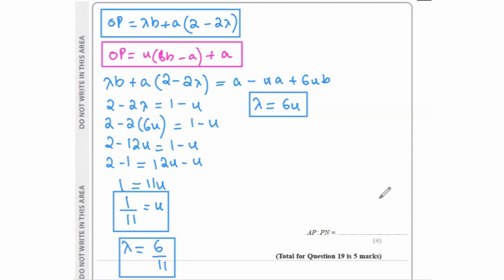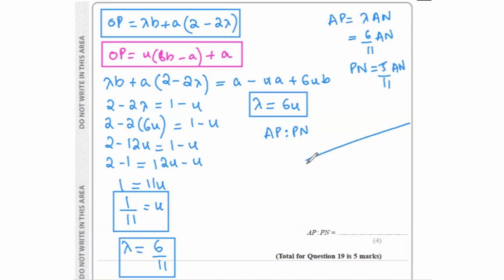So the question was asking us to find the ratio of AP is to PN. Now AP was lambda times AN, so that's going to be 6 over 11 times AN. And if AP is 6 over 11 times AN, that means PN, which is also a part of AN, is going to be 5 over 11 times AN.